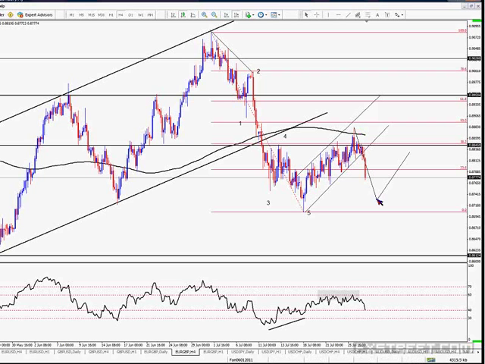We could get another type of, we could get a zigzag, we could get a triangle. Basically another correction could be looming if the market doesn't break below 0.87. So this is the short-term target around these lows here, but only a break below 0.87 opens up the bearish continuation.